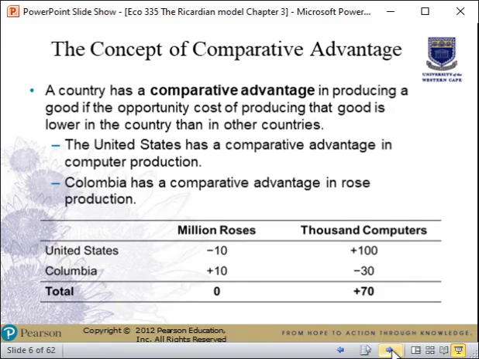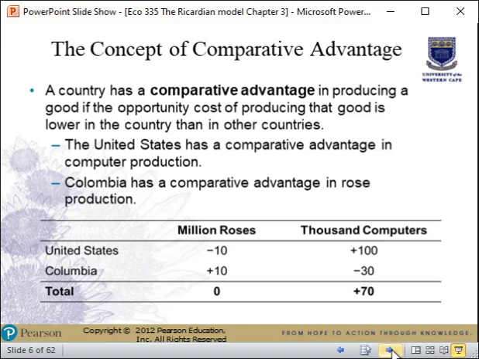A country has a comparative advantage in producing a good if the opportunity cost of producing that good is lower relative to the other country. Using our example, we can conclude that the United States has a comparative advantage in computer production and Colombia has a comparative advantage in the production of roses.